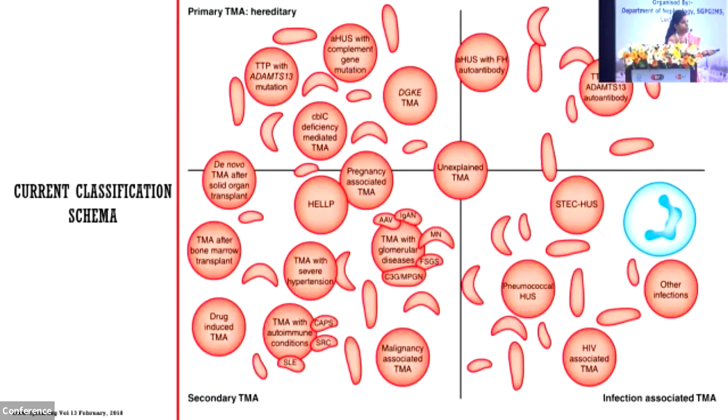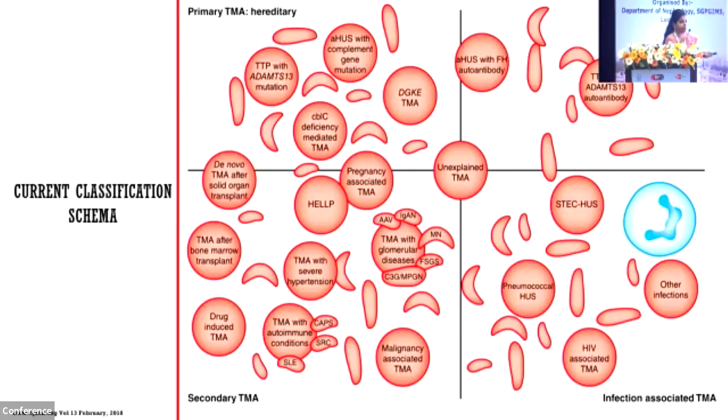Now coming to the secondary HUS. The secondary HUS, again, there is a whole lot of infection-related HUS. Here we have the typical Shiga toxin E. coli related HUS and the pneumococcal HUS, which have very distinct pathomechanisms. They have a distinct pathophysiology. HIV related was more common during the pre-ART era.